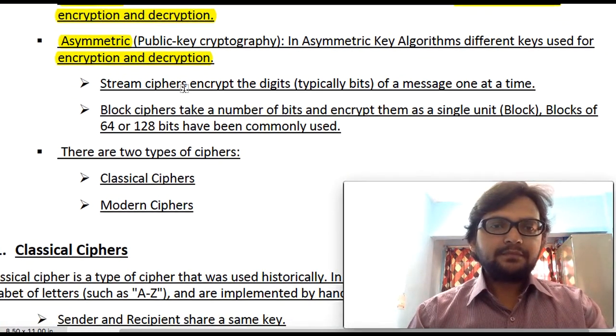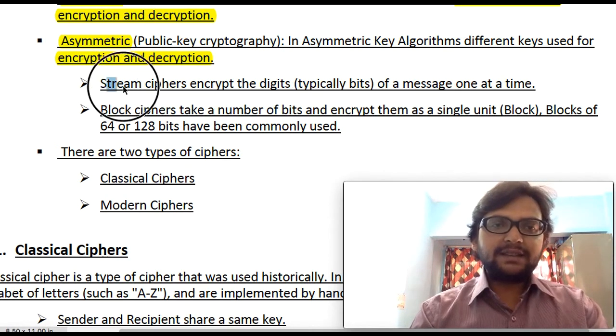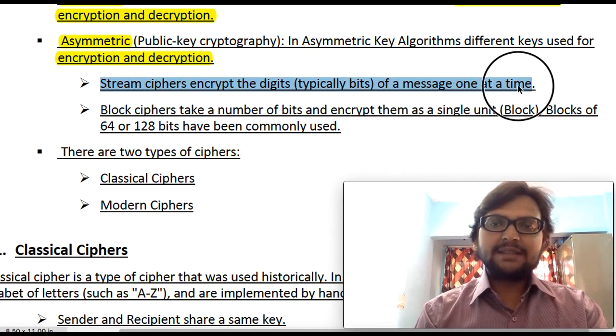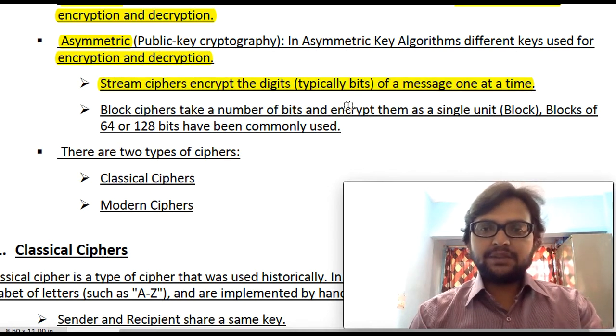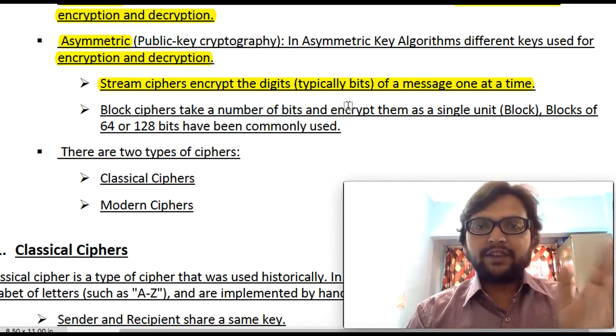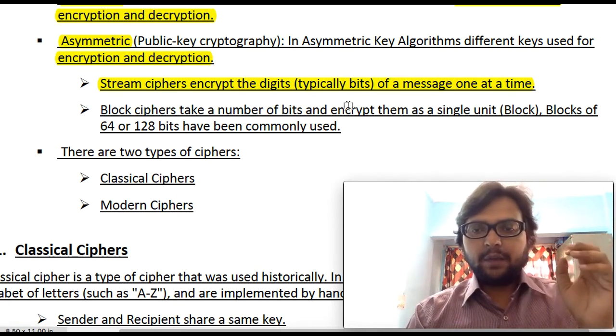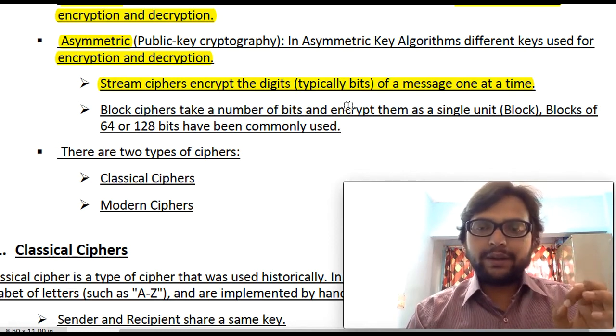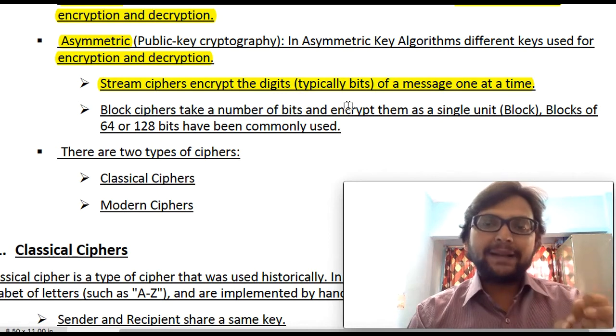Now, a stream cipher encrypts the digits, typically the bits of a message, one at a time. We have one cipher technique which is called a stream cipher. Stream means we have a bit stream, like 0, 1, 0, 1, 1, 0, 1, 1. We have different bits, so we are going to encrypt our message in this bit by bit pattern.